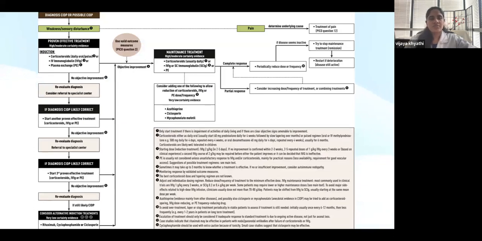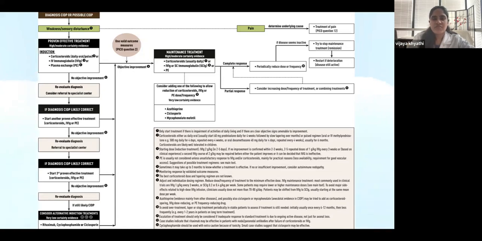This is the treatment, the summary of all the things, like how we do it. If the patient is diagnosed initially, we'll start with glucocorticoids, IV immunoglobulin, or plasma exchange. If the patient has shown improvement, then he'll undergo maintenance treatment.